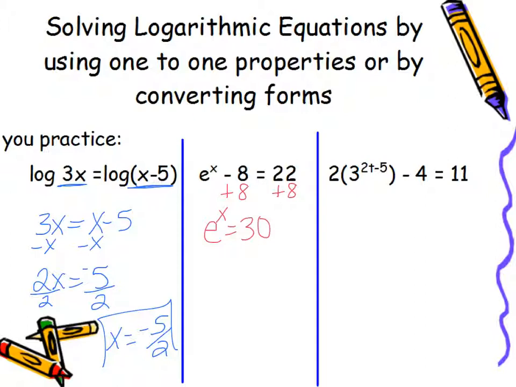The only way to get this x out of this exponent would be to switch it to a logarithm. So this is going to be a logarithm that has a base e, so that's natural log, of 30 equals my exponent. Well, that worked very nicely to get the x out of there, and now I just have x equals natural log of 30, which is something I can just type in my calculator. Natural log of 30 is 3.4.